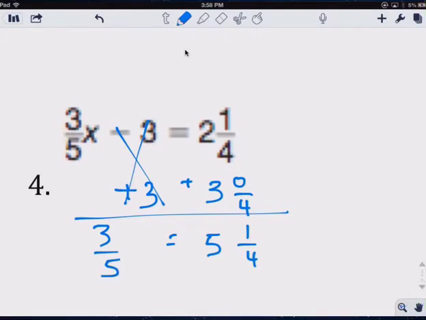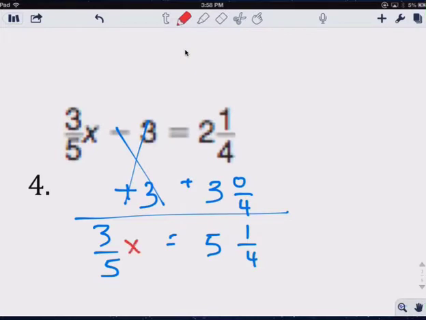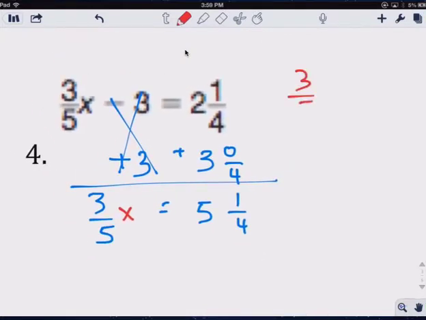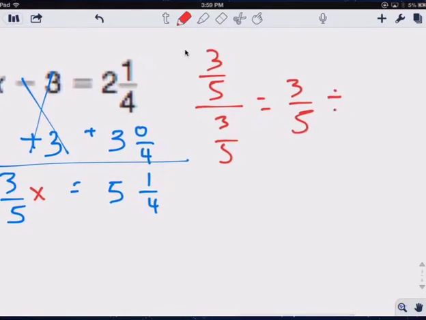Now because this is times x, you end up dividing. So if you get 3 over 5 divided by 3 over 5, this is the same as 3 over 5 times the reciprocal of this, 5 over 3.